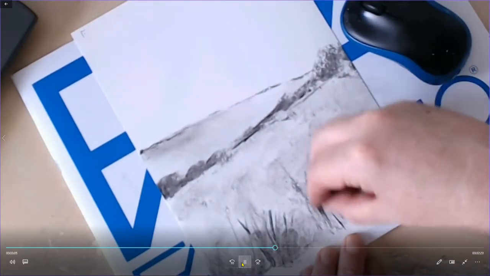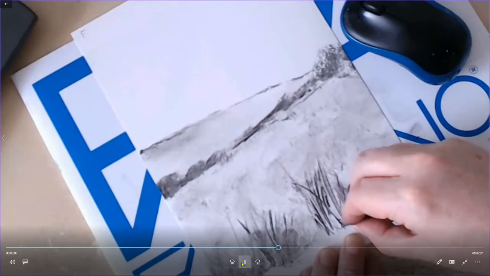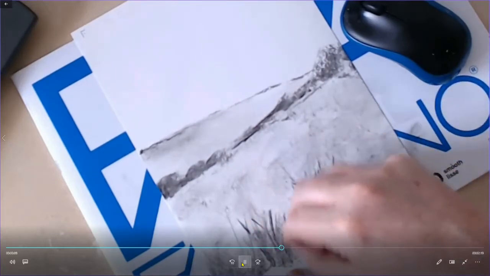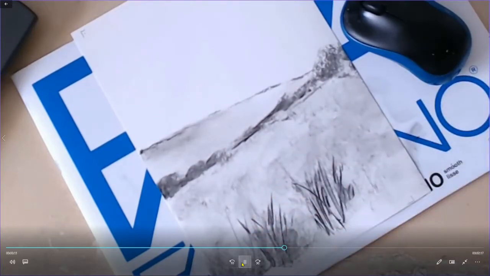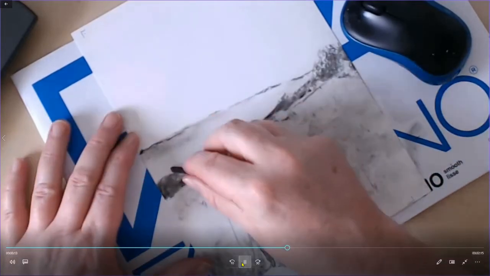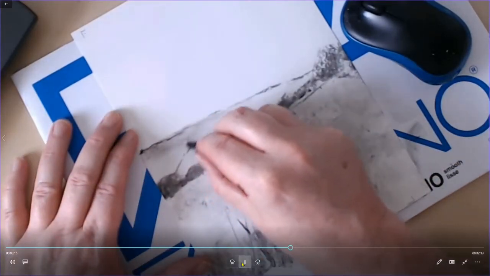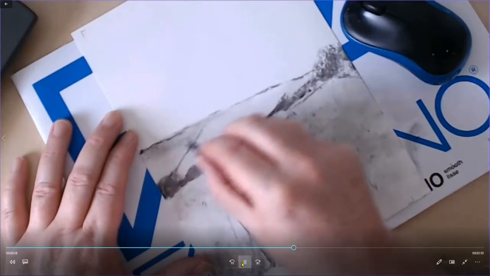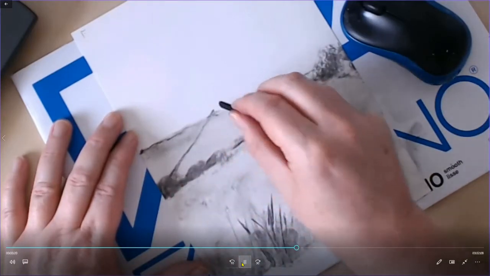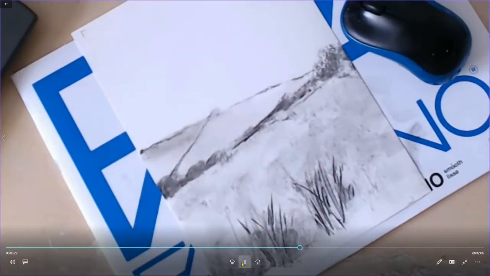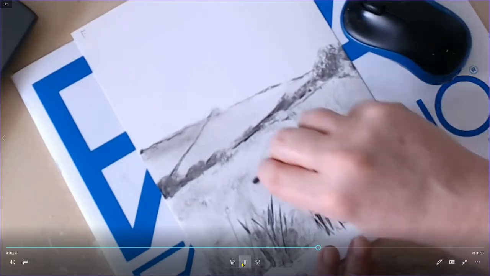But in the painting, because the grasses are closer to us, they have to appear bigger. And then again in the example that I'm drawing here, the more distant hedge in the background, that's even smaller again. That's just a thin broken line. So remember to reduce the size of things as they get further away.